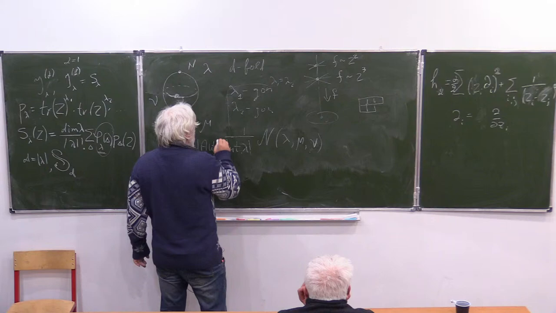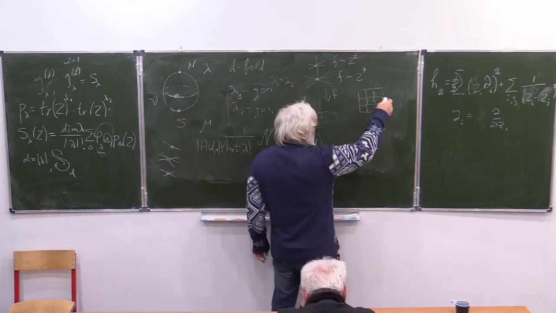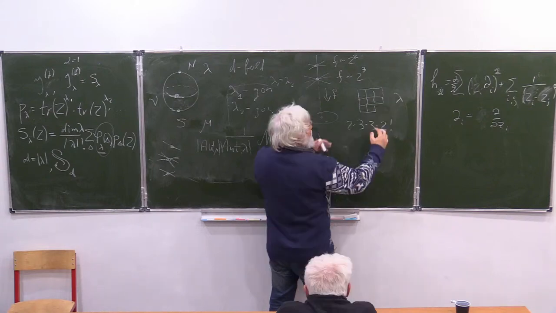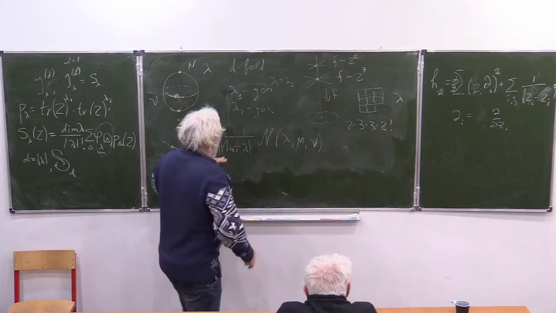For this Young diagram, the automorphism number will be 3 times 3 times 2 factorial: we can rotate this polygon by 3, and this polygon by 3, and we can permute them. Let us call it the automorphism of a partition, of a Young diagram.